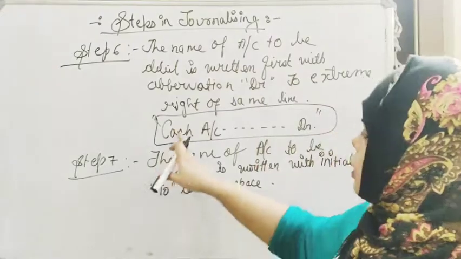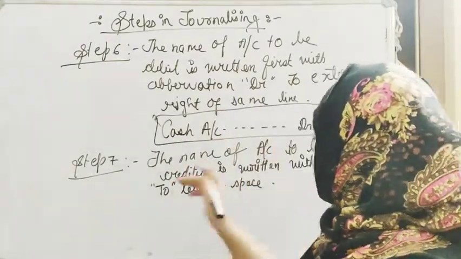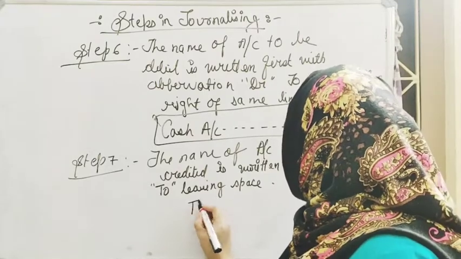So it begins with To. Cash account is debited, so here the credit entry will begin with To.